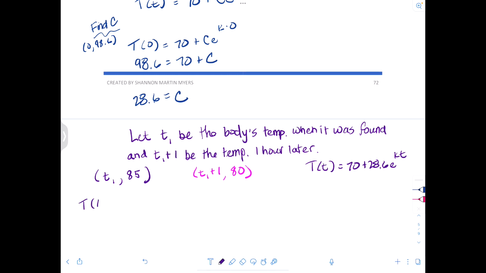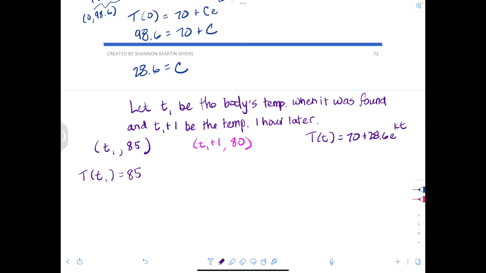T at T1 equals 85 degrees. So we have 85 is equal to 70 plus 28.6 e to the k times T1.